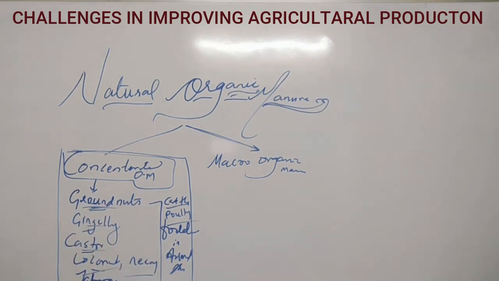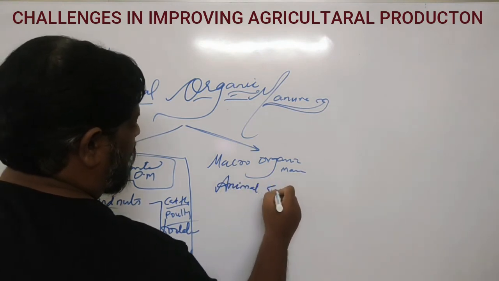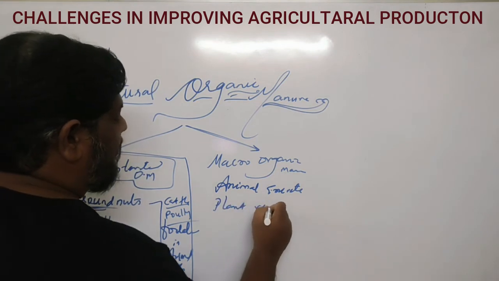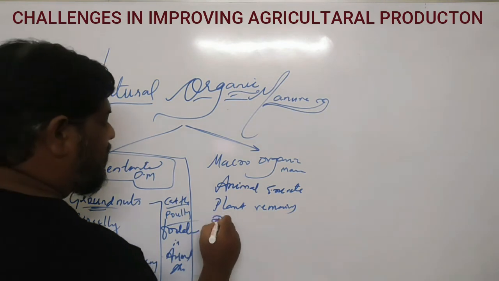So the next one is the macro organic manure. Okay, this includes animal excreta, and also the plant remains, and the third one is the deep litter.